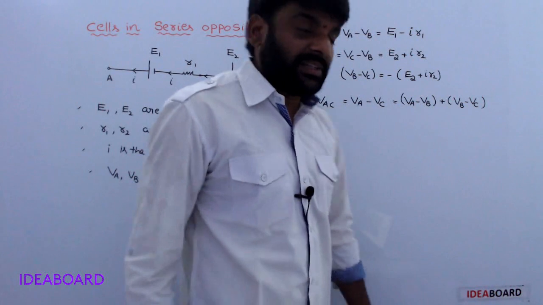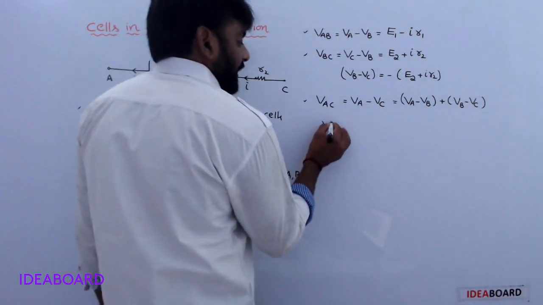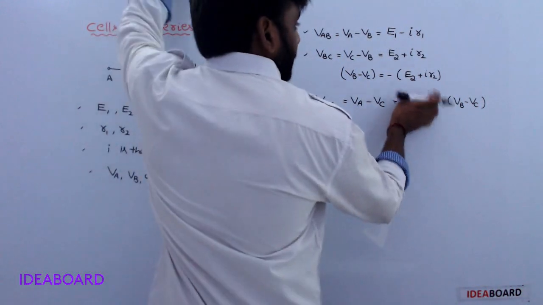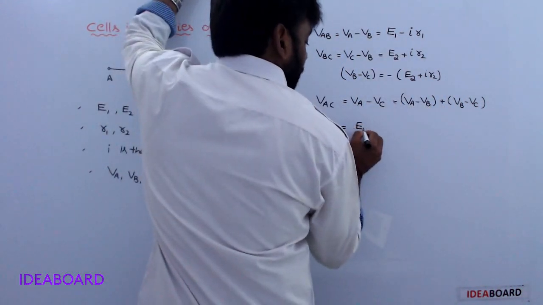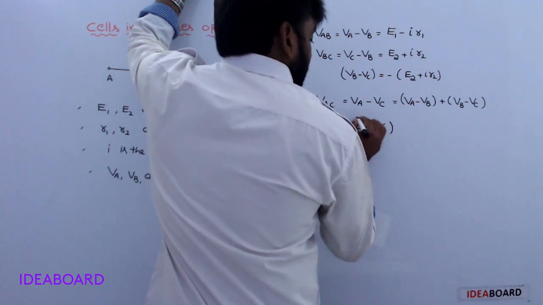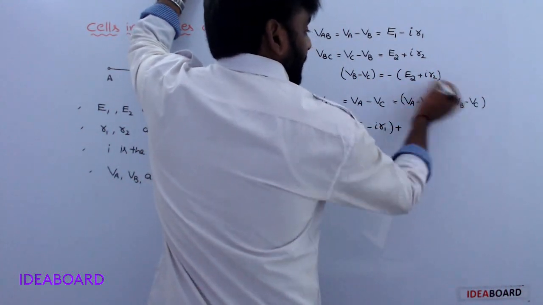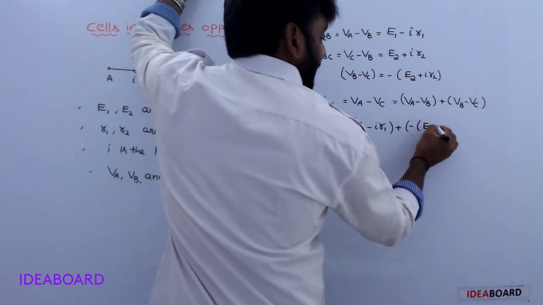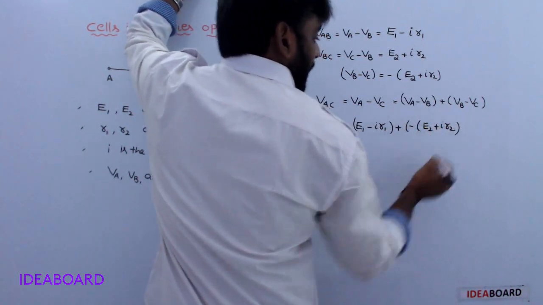Now Vac is equal to Va minus Vb, which is E1 minus I R1, plus Vb minus Vc, which is minus of E2 plus I R2.